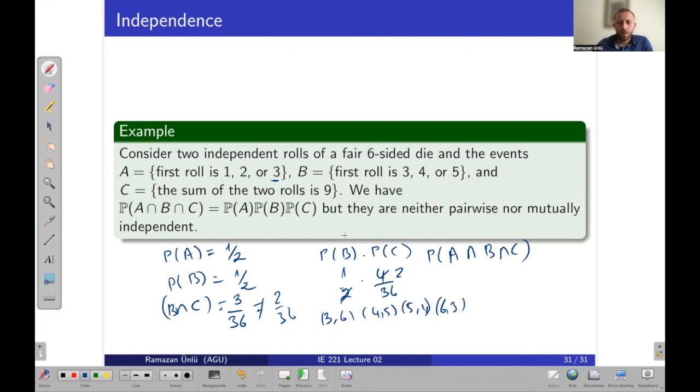So the intersection of all events, actually, is this one, only one.